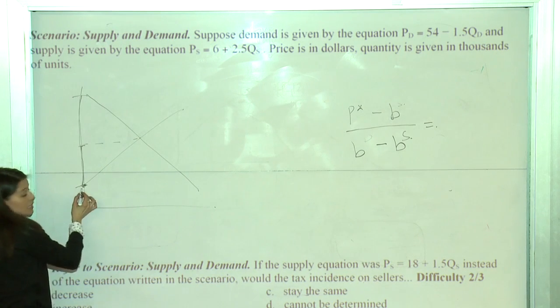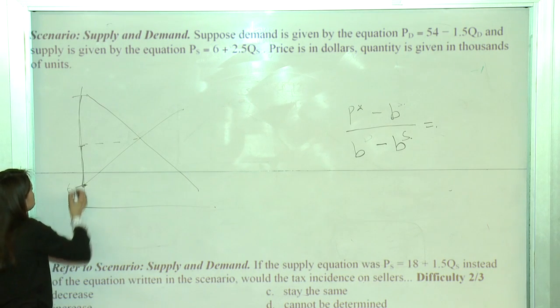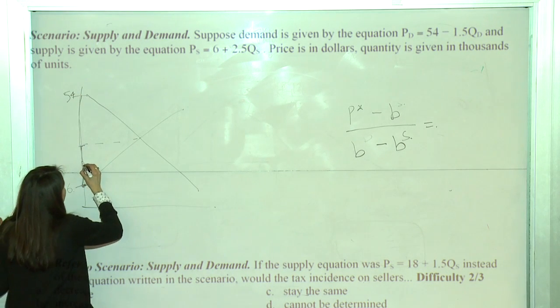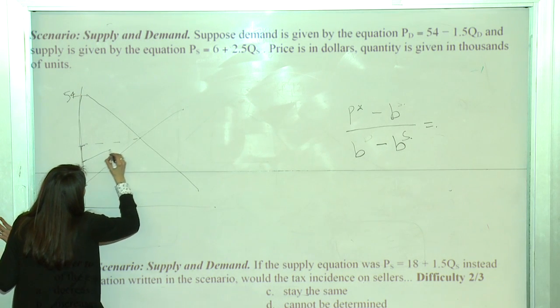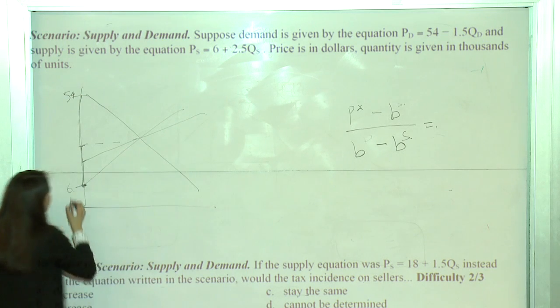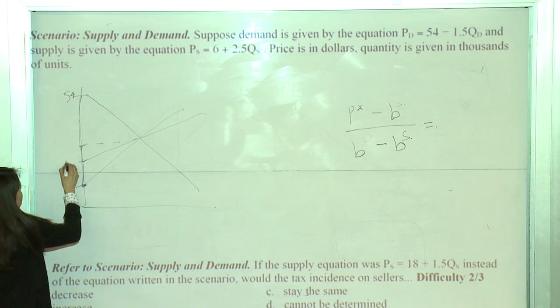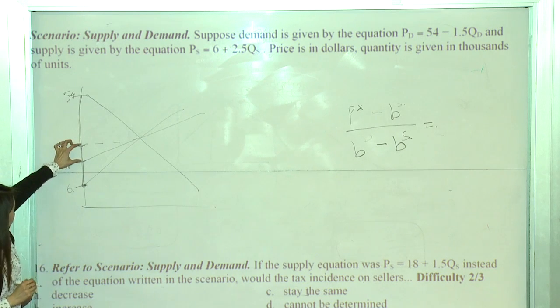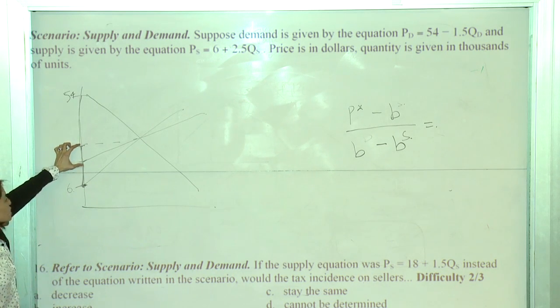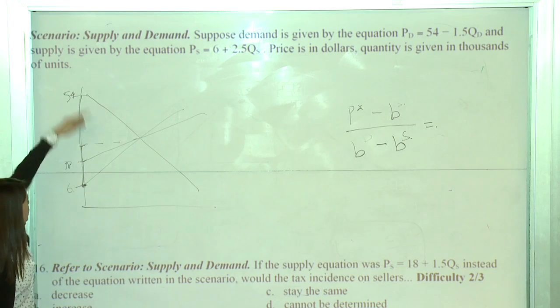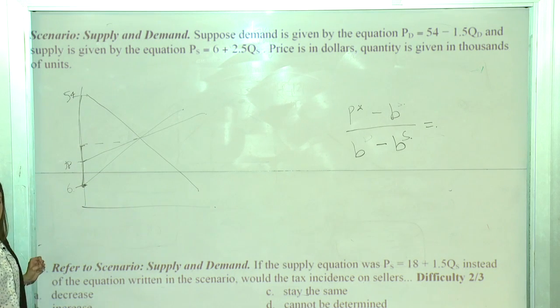We moved from this first equilibrium where this was 6 and this was 54, okay, to another equilibrium where it looks like this. So this is 18. This amount here is smaller than this amount here, right? Compared to the whole difference. Is that clear? So what happens?